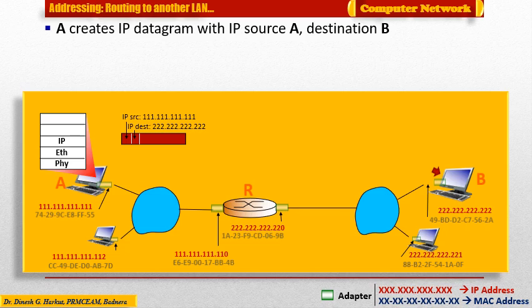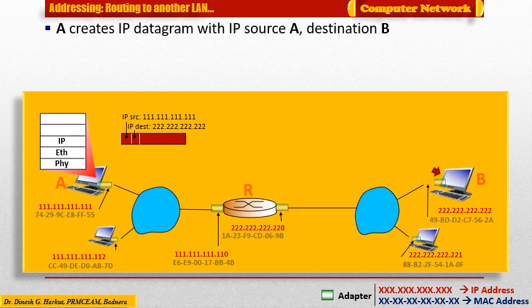But the sending host must also indicate to its adapter the appropriate destination MAC address. This is a frame which consists of a source address as well as a destination address. This frame is sent to its adapter. It must also contain the MAC address of the destination.